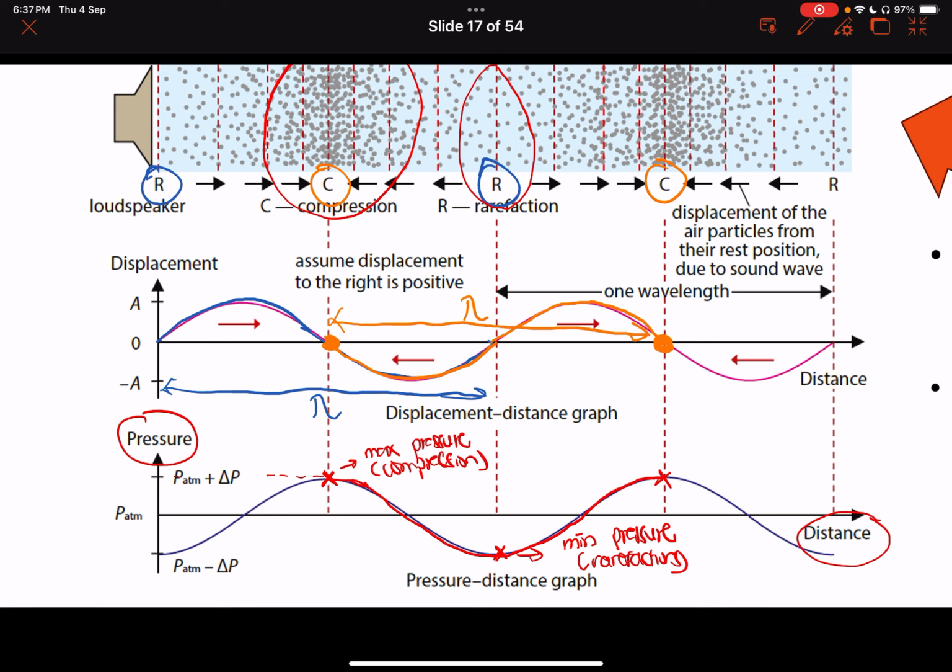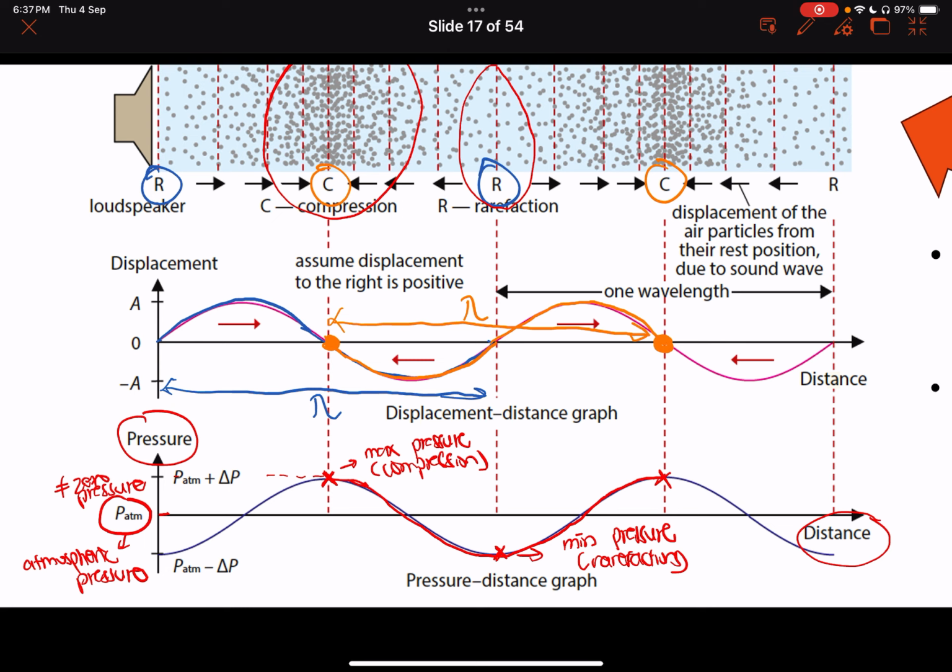Now, take note, over here on the axis, this is not zero pressure. Instead, they are using this acronym P_ATM, which stands for atmospheric pressure, or rather, the pressure at that particular point if there was no disturbance in the air medium.